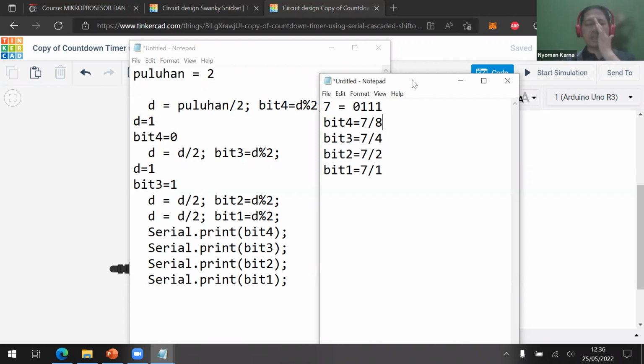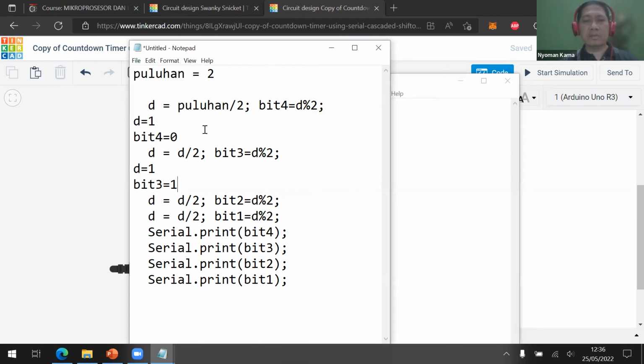We're going to use something like this. So we need to do 7. Okay, let's try to use 2, like in this example.